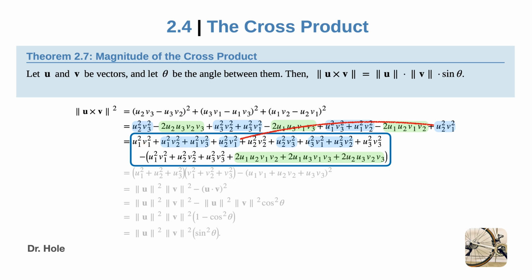Let's go ahead and highlight those. The terms that are highlighted in gray are added in, and then they are immediately subtracted out where you see the terms highlighted in red. Thus, we have added 0, and thereby have established that the second line and the third line are equivalent.